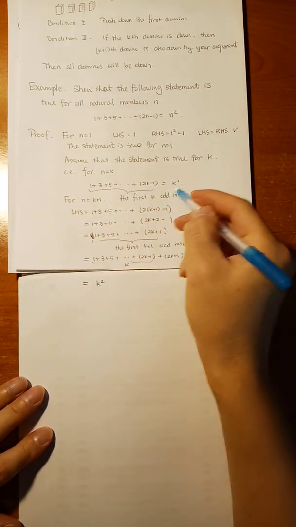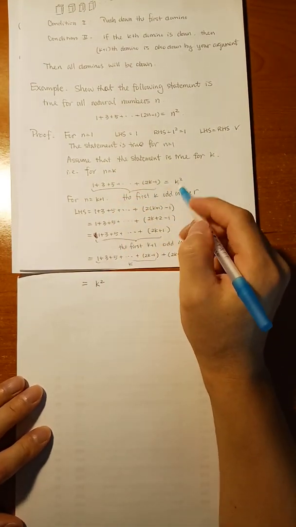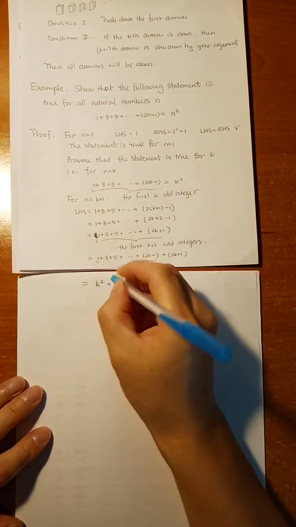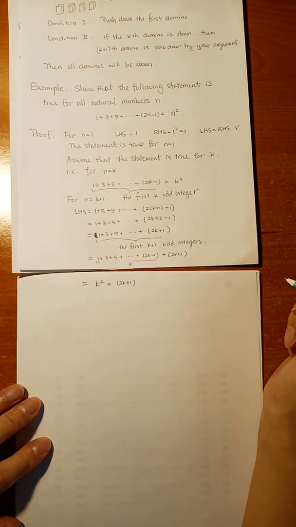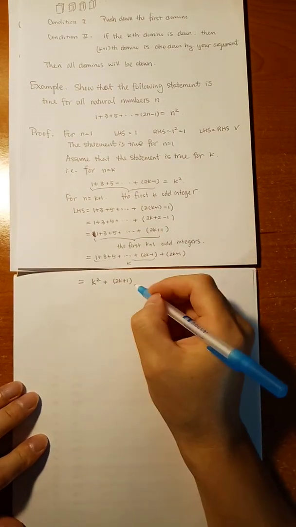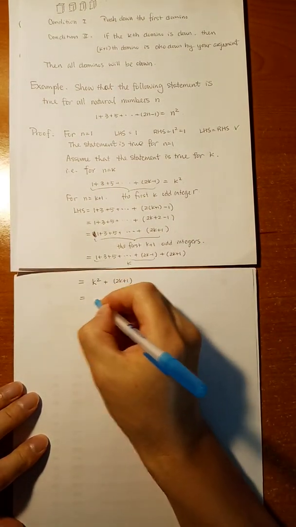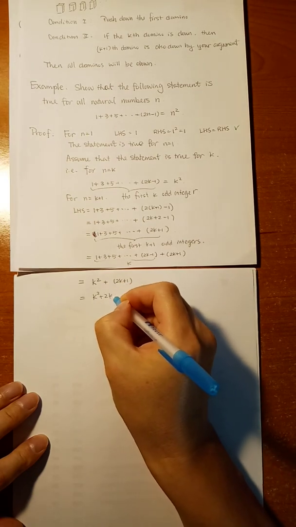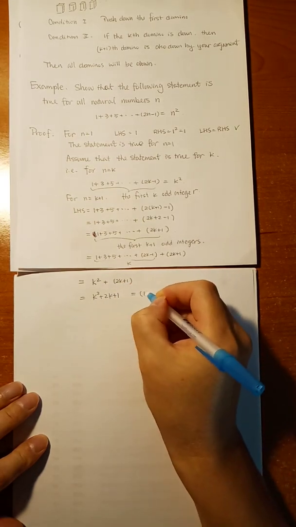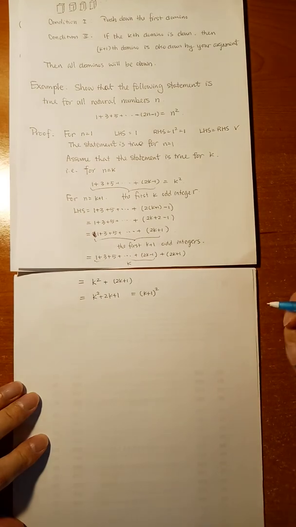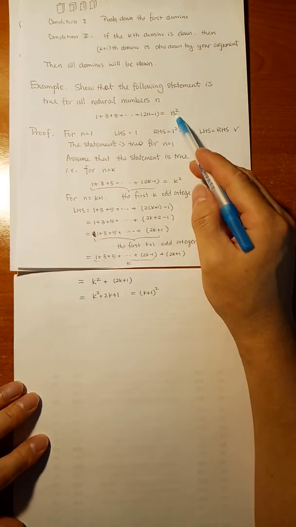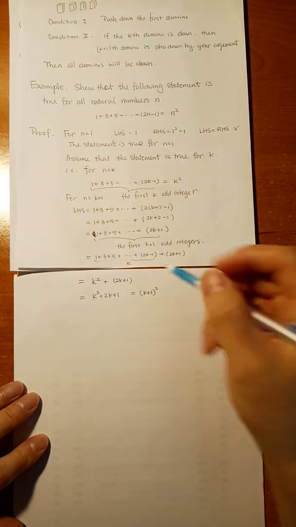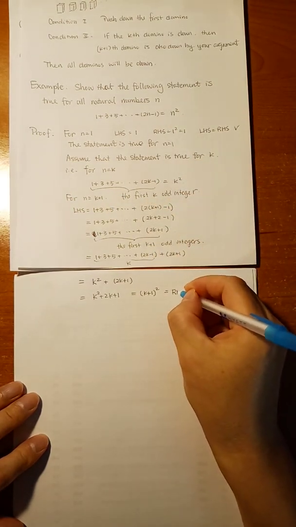You see, this one is correct. You assume it's correct, so you can use it. And then plus the next one, 2k plus 1, the last term. All right? It is k squared plus 2k plus 1, and we know it's k plus 1 squared. K plus 1 squared is exactly the right-hand side for n equal to k plus 1.